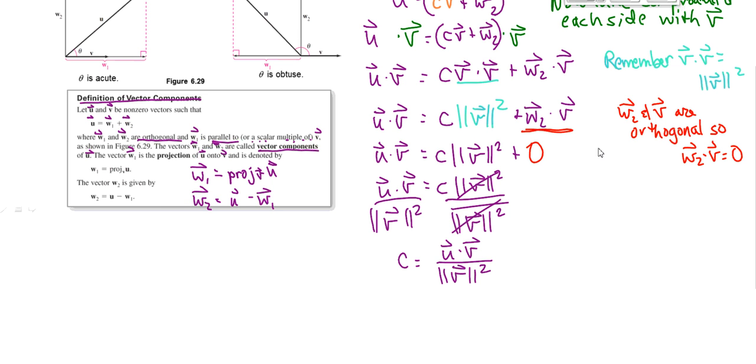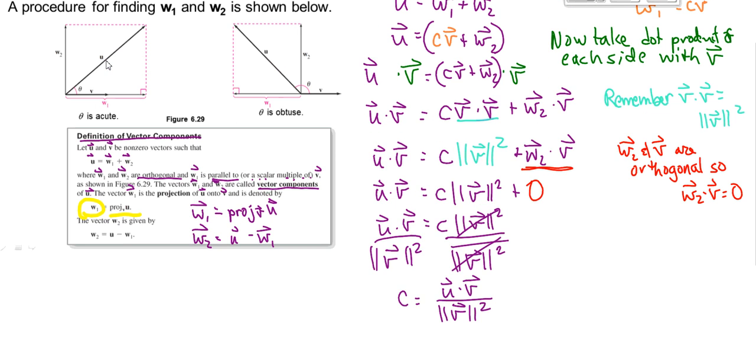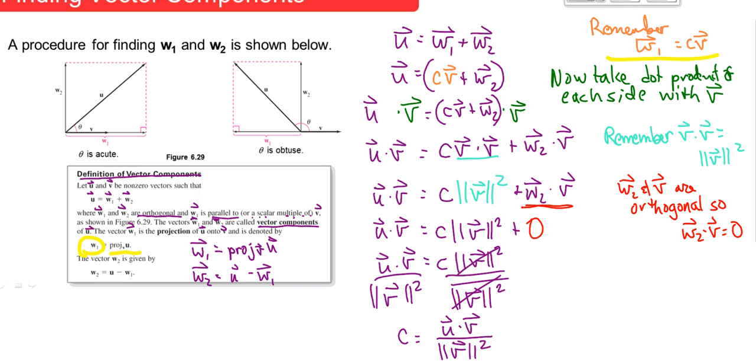So now, W1, if you remember, is several things. W1 is the projection of U on V, and W1 is also C times V. Now we can replace that C with all of this, and so we can get a lot of relationships here.